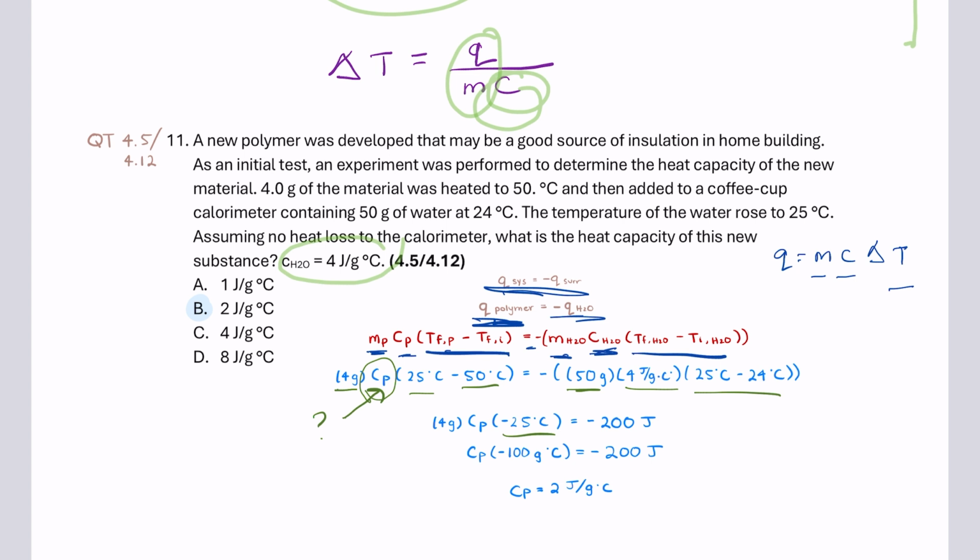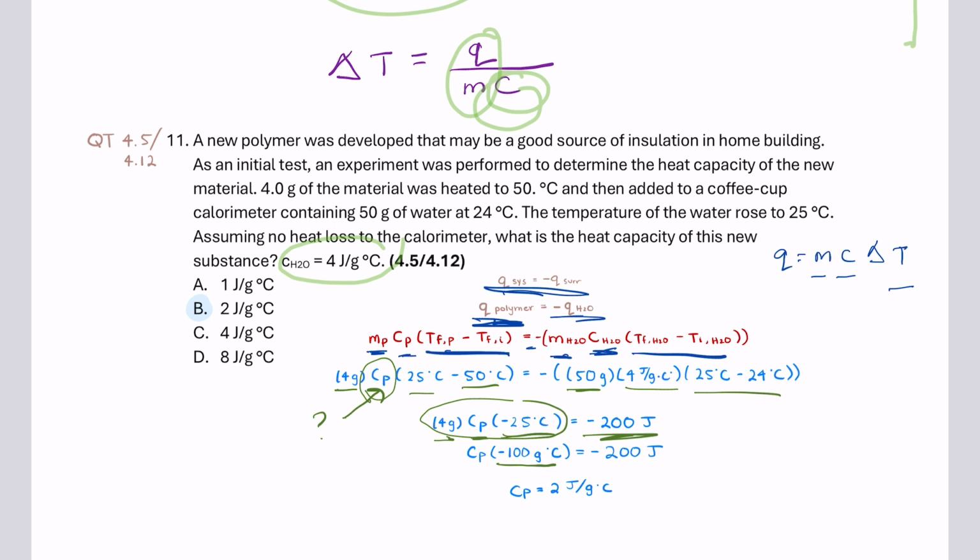Simplifying things gets us that 4 grams times the specific heat capacity of the polymer times negative 25 degrees Celsius equals negative 50 multiplied by 4 multiplied by 1, which is equal to negative 200 joules. Then if we multiply out the polymer side, 4 times negative 25 is equal to negative 100 grams times Celsius.